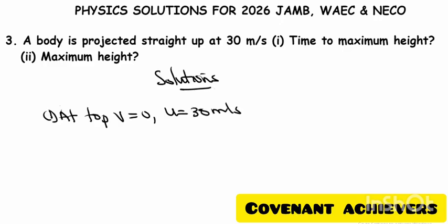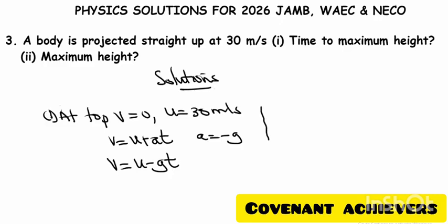Applying the equation of motion, v equals u plus at, and our a here, because it's being projected up, is not going to be g because it is moving against gravity. So therefore a is equal to minus g. So you have v equals u minus gt, because you are moving against gravity straight up.